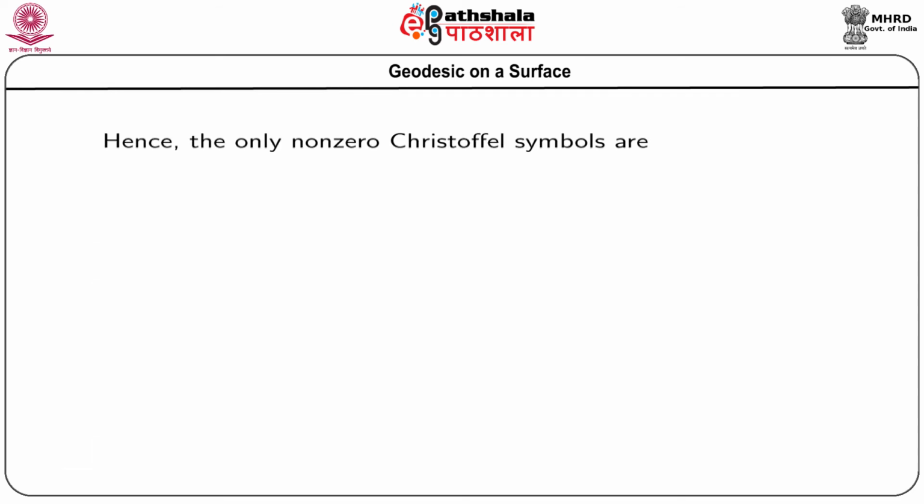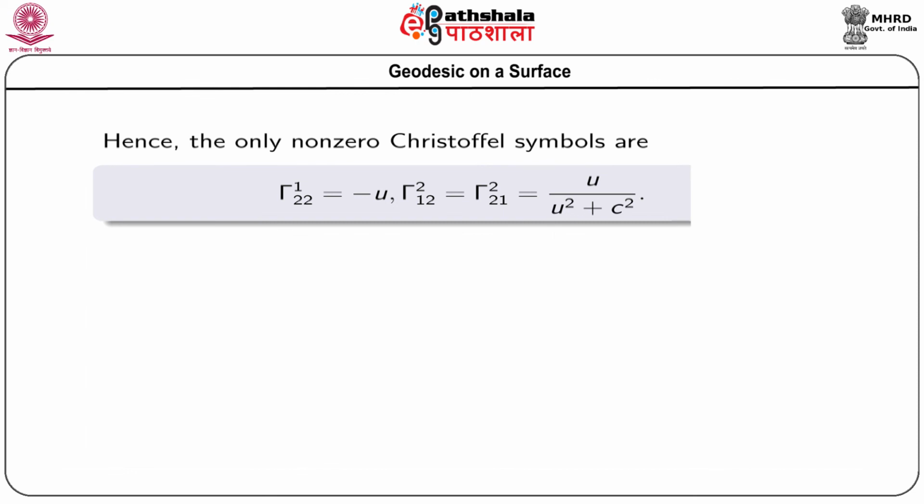Hence, the only non-zero Christoffel symbols are Γ_22,1 equals minus u, and Γ_12,2 equals Γ_21,2 equals u by u² plus c².